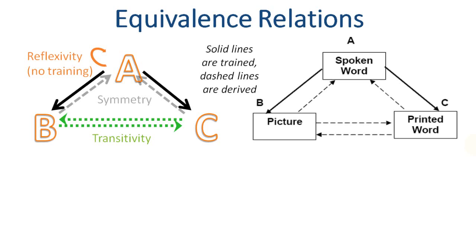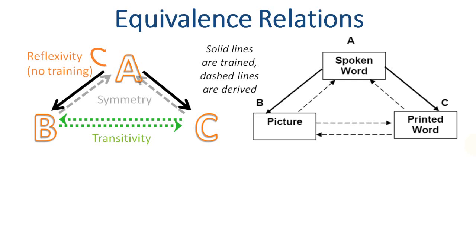So Sidman, in his seminal paper, was working with children with developmental disabilities whose language was also affected, and he was wondering whether he could teach these children to read. So he would present a spoken word and then reinforce selecting the corresponding picture among other distractors.